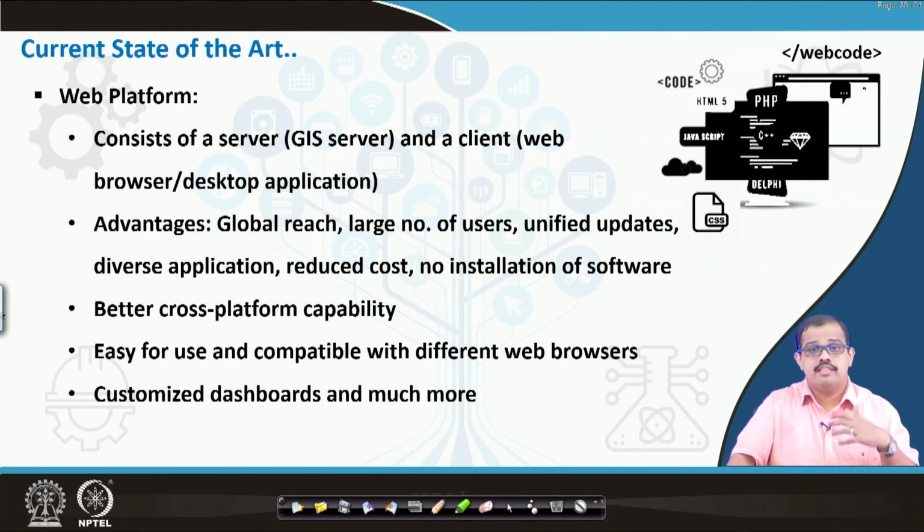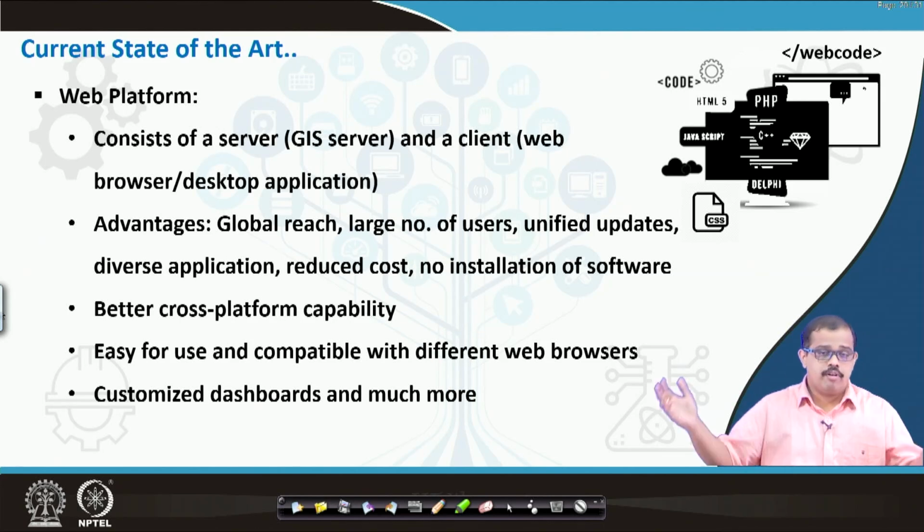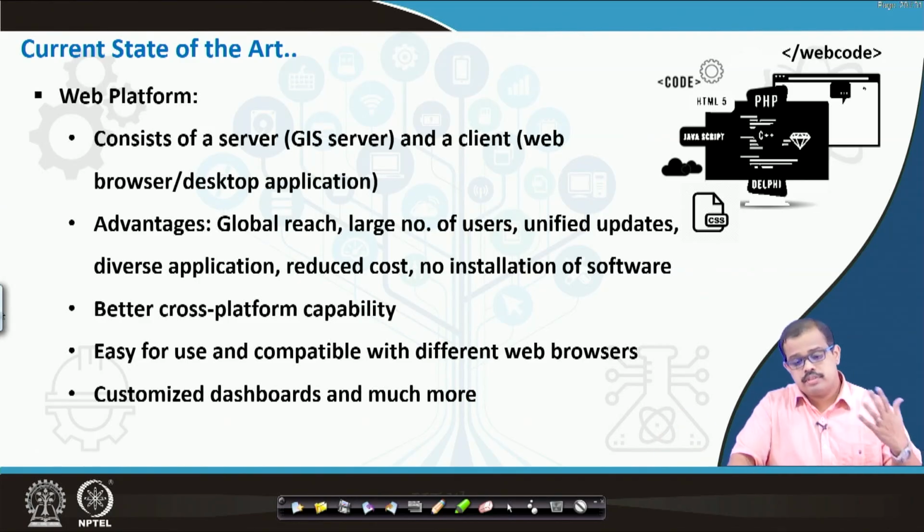It also helps in diverse applications. Your application can be one, but there will be 100, 200, 300 more users who may use the same data in different applications. So it reduces cost to a very large extent, and you don't need any installation of software. So WebGIS is extremely efficient.